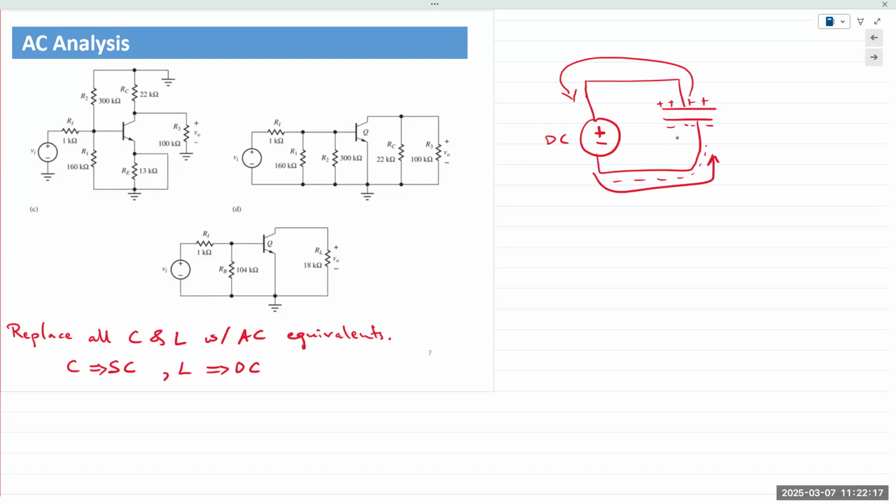So if you apply AC, what's going to happen? Charge is going to move this way, this way, this way, this way, constantly. The higher the frequency, the faster the movement. So it appears as if electric current is flowing in the circuit. If you apply DC, once the voltage here reaches the applied DC voltage, let's say this is V, that's when it stops flowing because charge is now balanced on both sides.